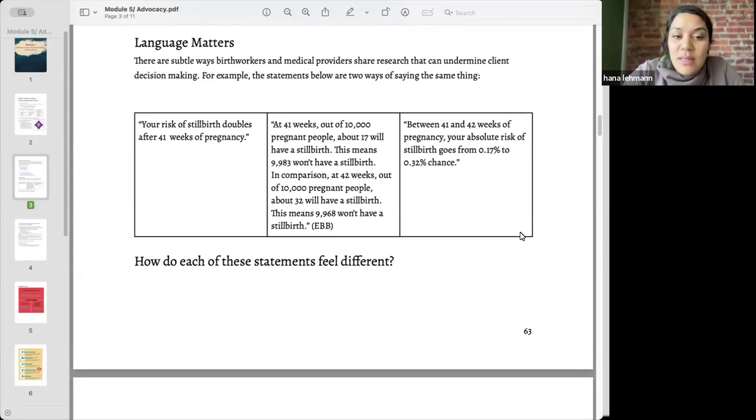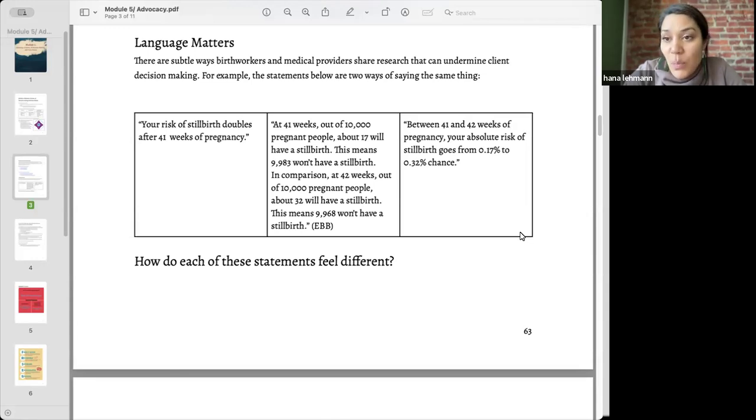The first is: your risk of stillbirth doubles after 41 weeks of pregnancy. Option 2: at 41 weeks, out of 10,000 pregnant people, about 17 will have a stillbirth. This means that 9,983 won't have a stillbirth. In comparison, at 42 weeks, out of 10,000 pregnant people, about 32 will have a stillbirth. This means that 9,968 won't have a stillbirth.